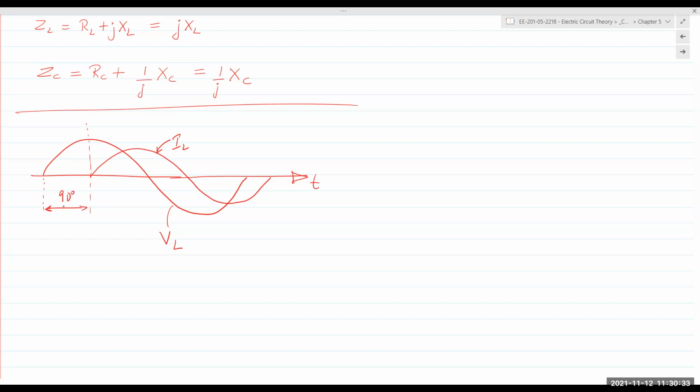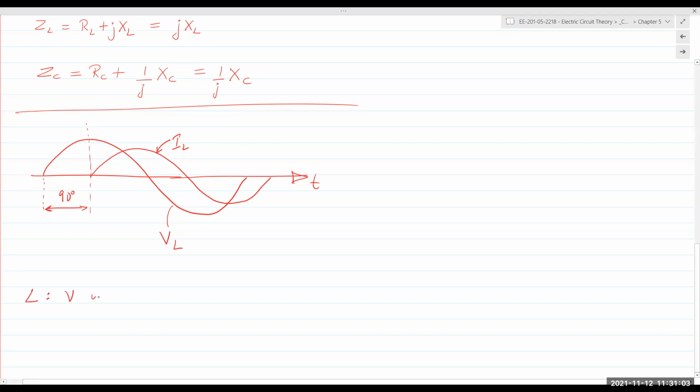Which quantity is ahead? Voltage or current? Remember, this is the future. This on the left is the past. So voltage comes first, then comes current. So voltage is ahead of current in the inductor by 90 degrees always. For a capacitor, it's exactly the opposite.